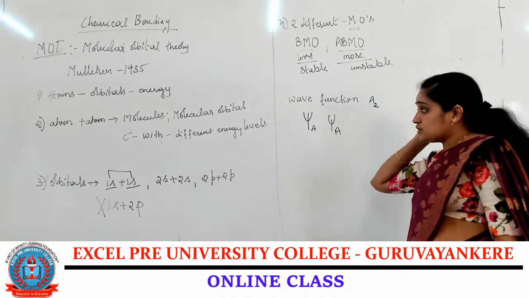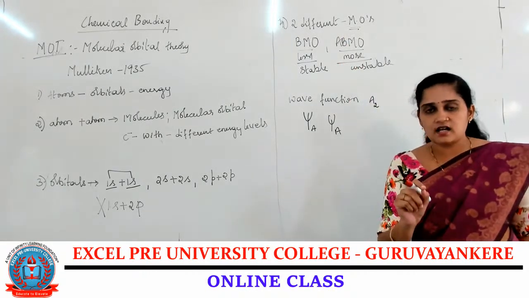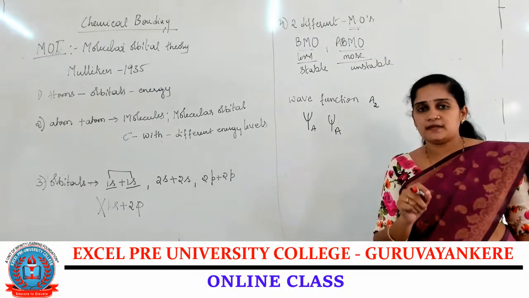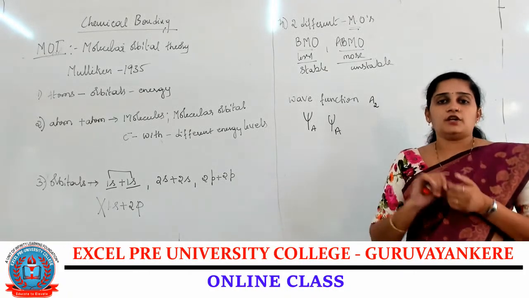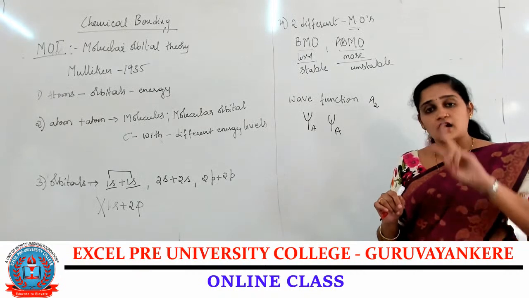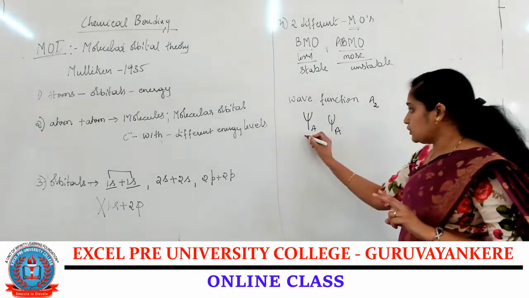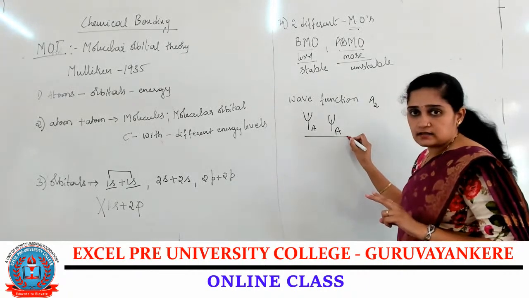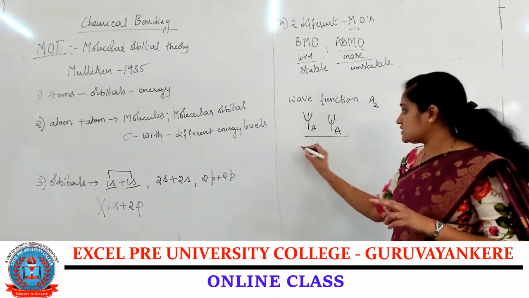Now, while forming molecular orbitals, as I said, the same number of molecular orbitals are formed as the number of atomic orbitals combining. If two atomic orbitals are added, two molecular orbitals will be formed.